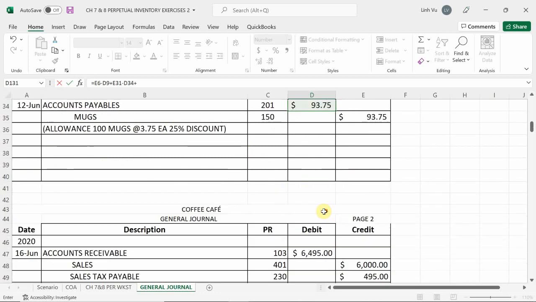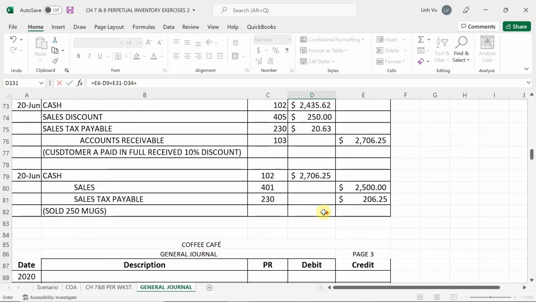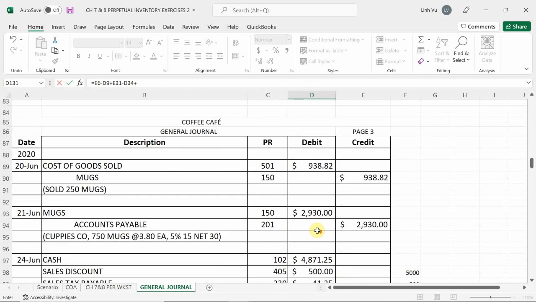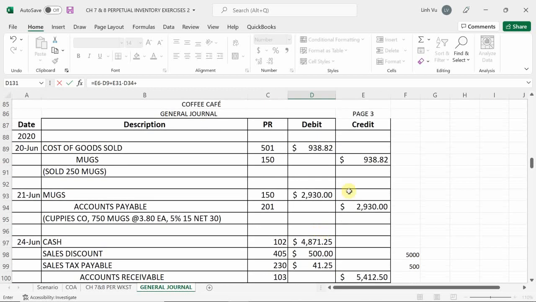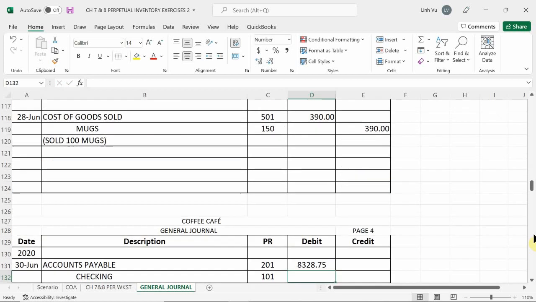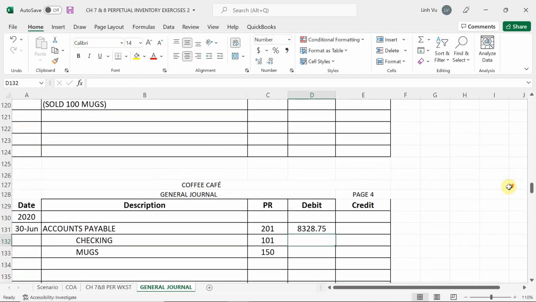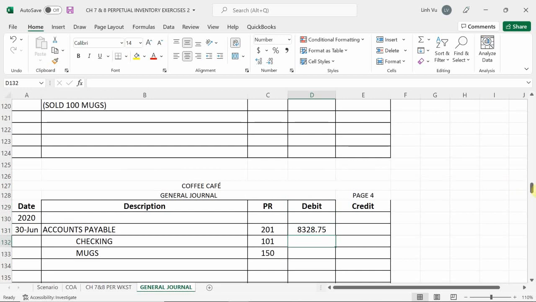Okay. Plus we purchased for $2,930. So in this case, you should get a grand total of, now I got 83. What? Let's calculate this again.